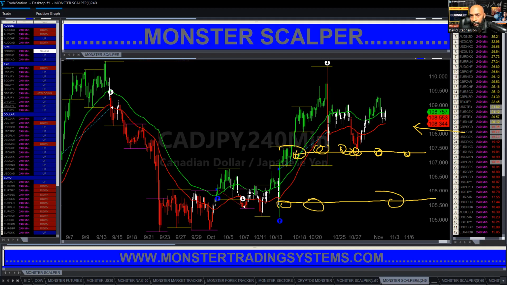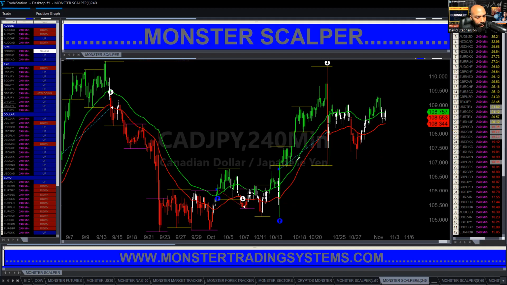Like here, if you draw it in manually and you practice doing it manually, and you do have a process where it brings in your support and resistance automatically for you, guess what? It just makes it a lot easier. So practice doing your support and resistance.